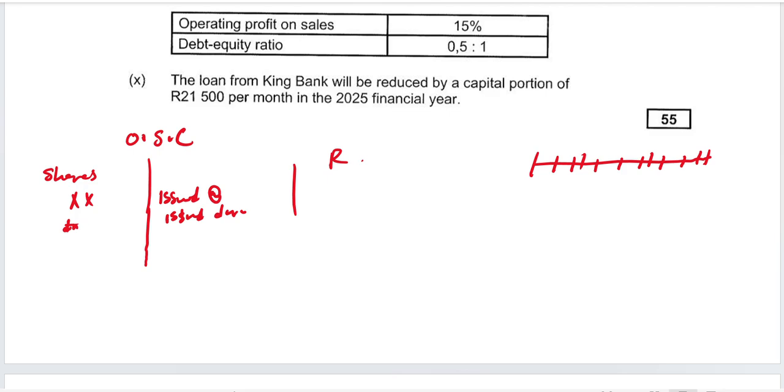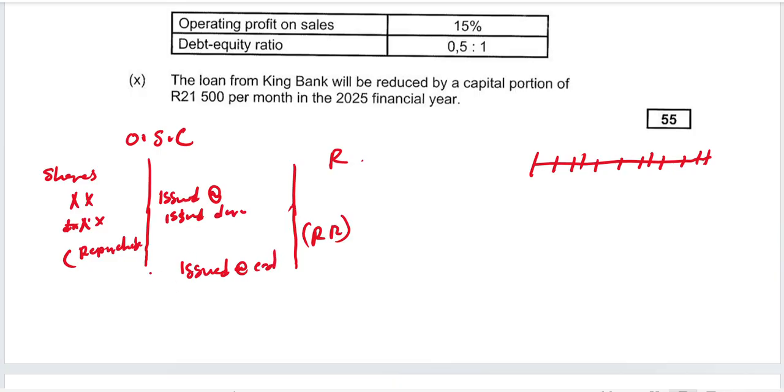Issued at the beginning plus issued during, and then we subtract the repurchase, in rand, to get issued at the end.